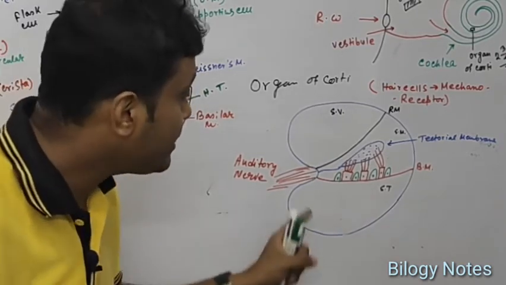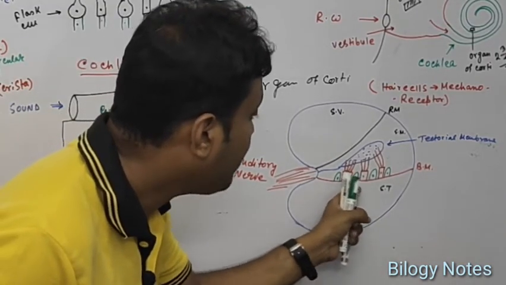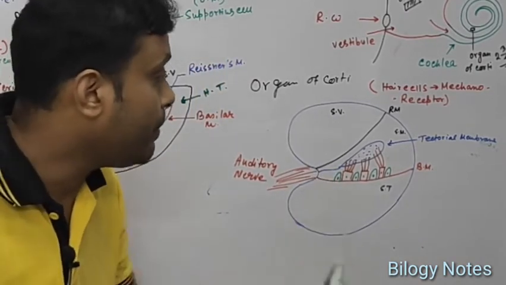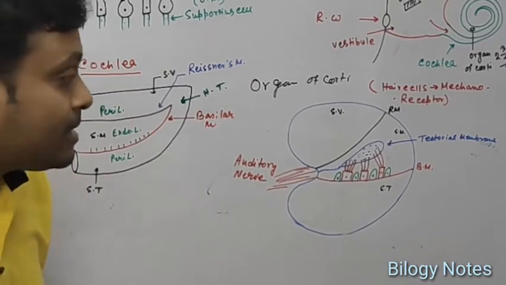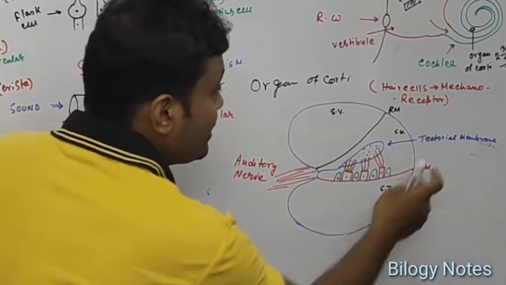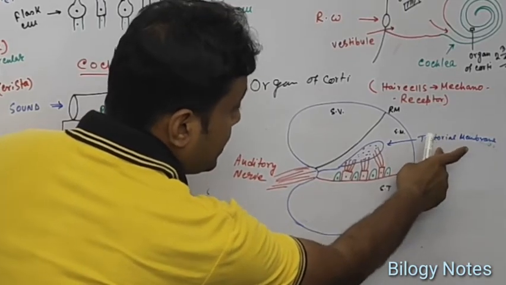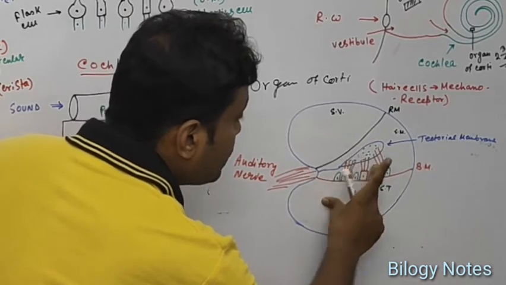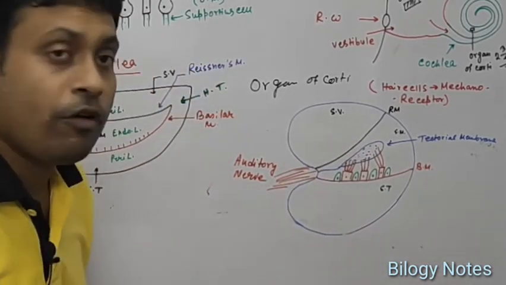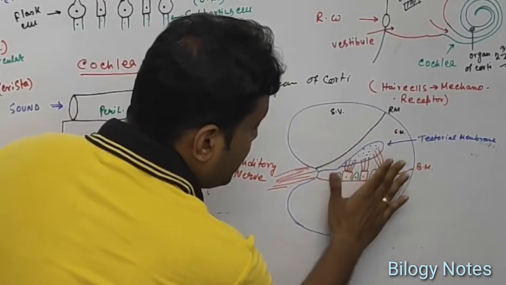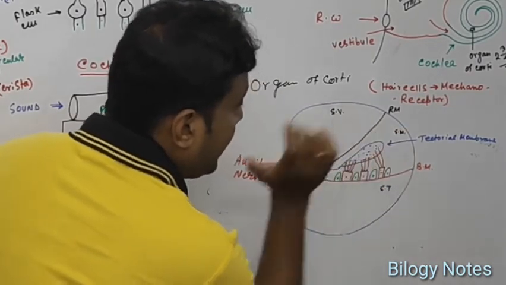This sensory hair cell resides above the basilar membrane, present throughout the basilar membrane. And the sensory hair cells project their hairs into another membrane, known as the tectorial membrane. The tectorial membrane, basilar membrane, and sensory hair cells are the most important structures of the organ of Corti, and these structures are floating in the endolymph.